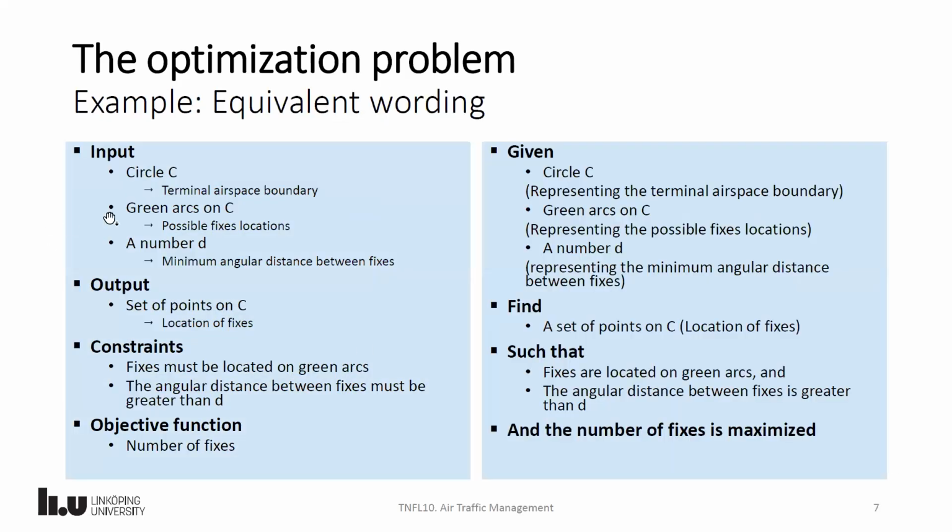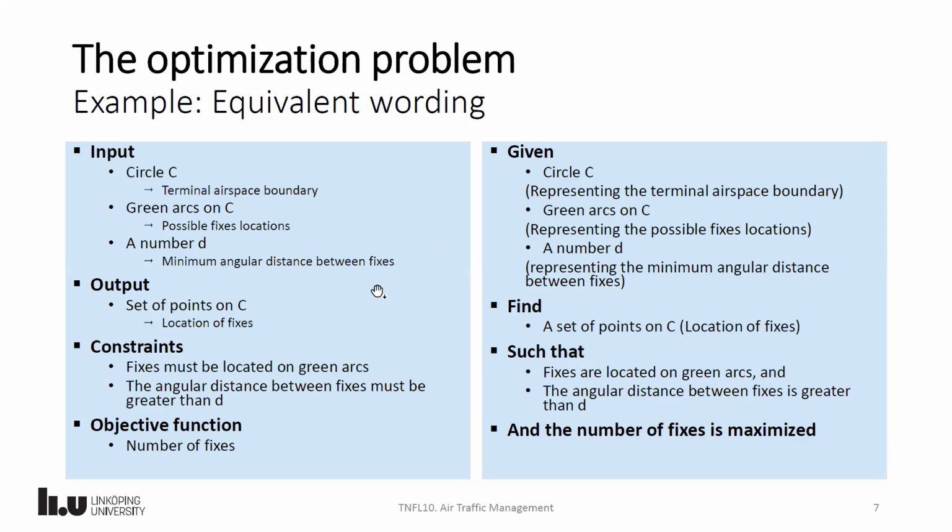In this equivalent wording that we talked about earlier, this could be the equivalent. We have given a circle C, an arc on C, and a number D. Find a set of points on C, which are the location of the fixes, such that the fixes are located in the green arcs, the angular distance between fixes is greater than D, and the number of fixes is maximized.